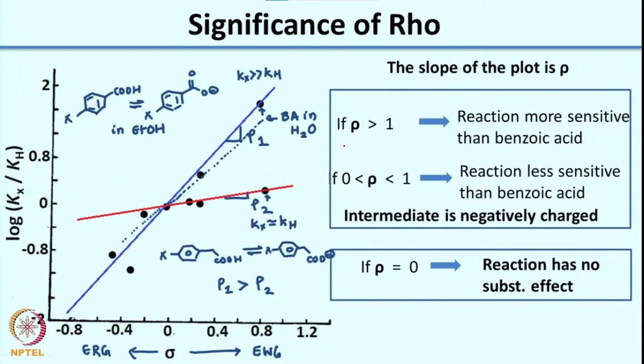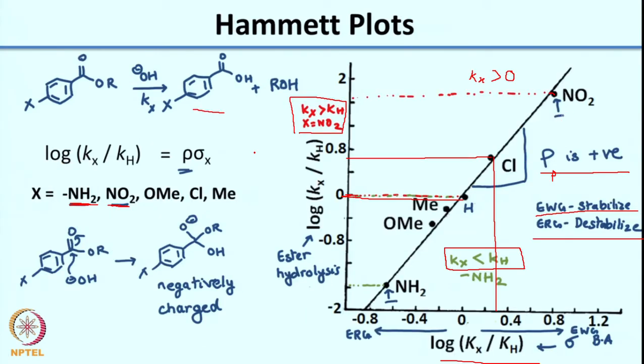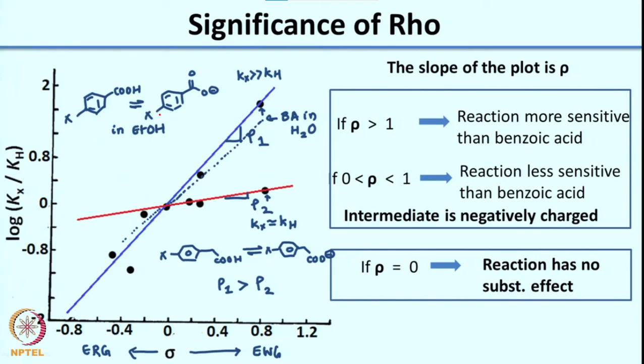So here we are discussing the significance of rho. All of you know that this dotted straight line is showing the rho value for slope 1. Here you can see this is a standard value. But when this slope is slightly tilted this side, that is because of the presence of ethanol in the reaction.